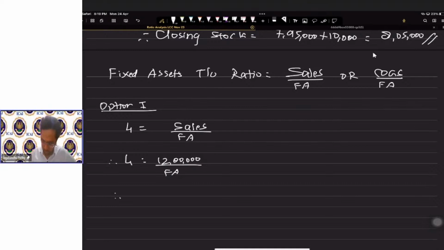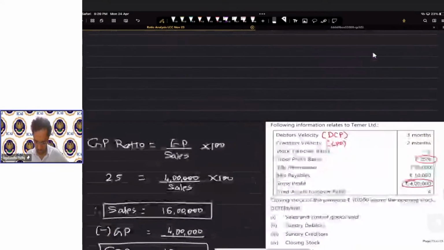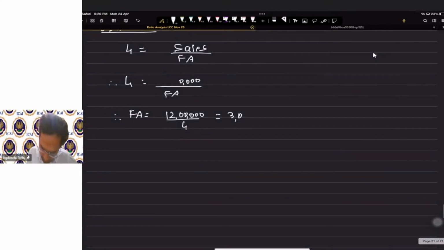And therefore, fixed asset is 12 lakh divided by 4, which is... No, it's not sales. What was the sales? Sales wasn't 12 lakh. Or suppose sales was 16 lakh. So that's 4 lakh, right?